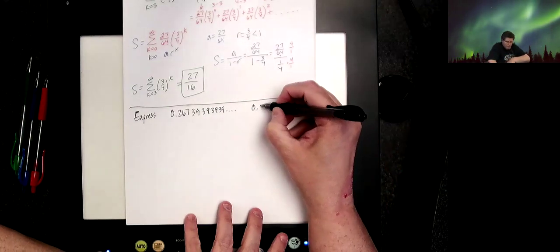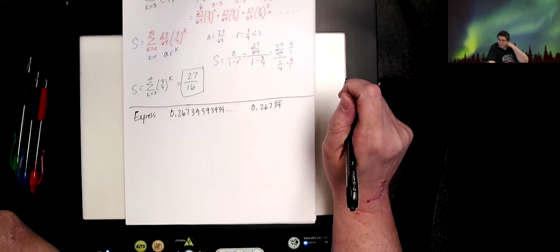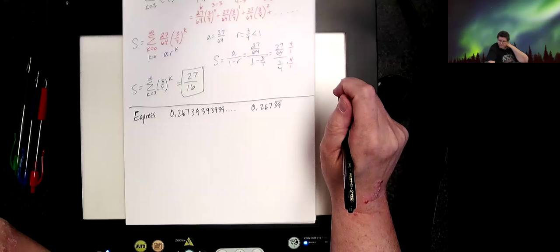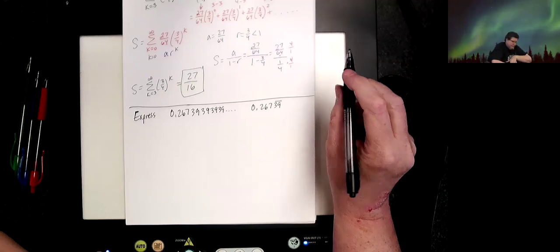Or 0.267 with the 39 repeating. And we want to express it as a fraction.